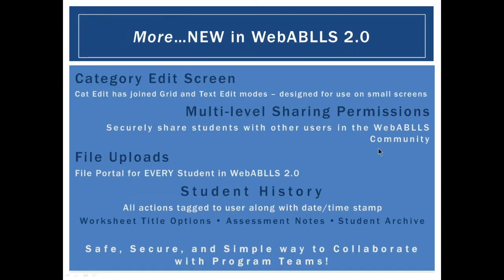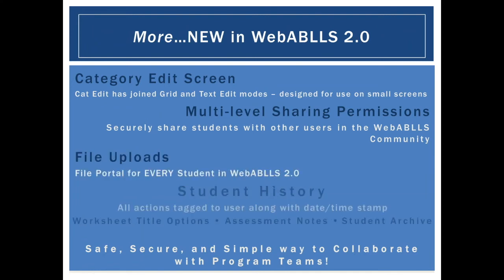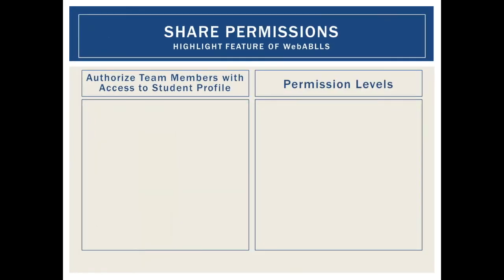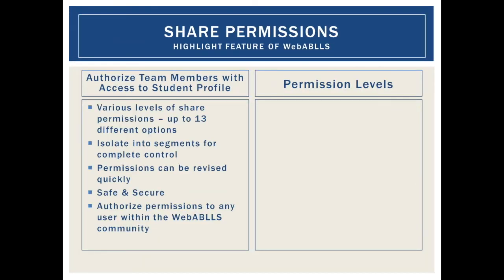Here we go with some of our other items. We've talked about that category edit screen. We're going to go into a little bit more detail about the sharing permissions. I'm going to talk about the file uploads and the student history as well. So with the sharing permissions, there are a variety of different ways you can set the permissions now.